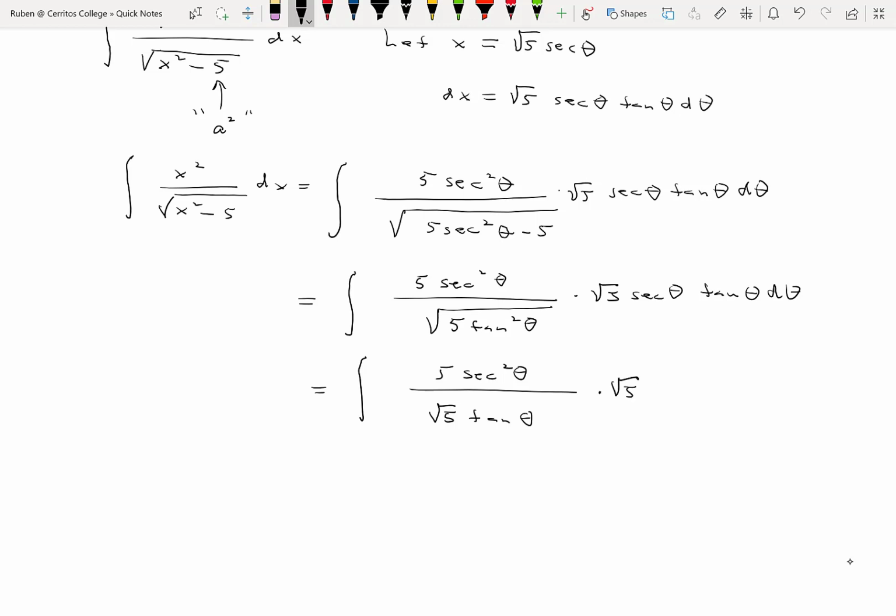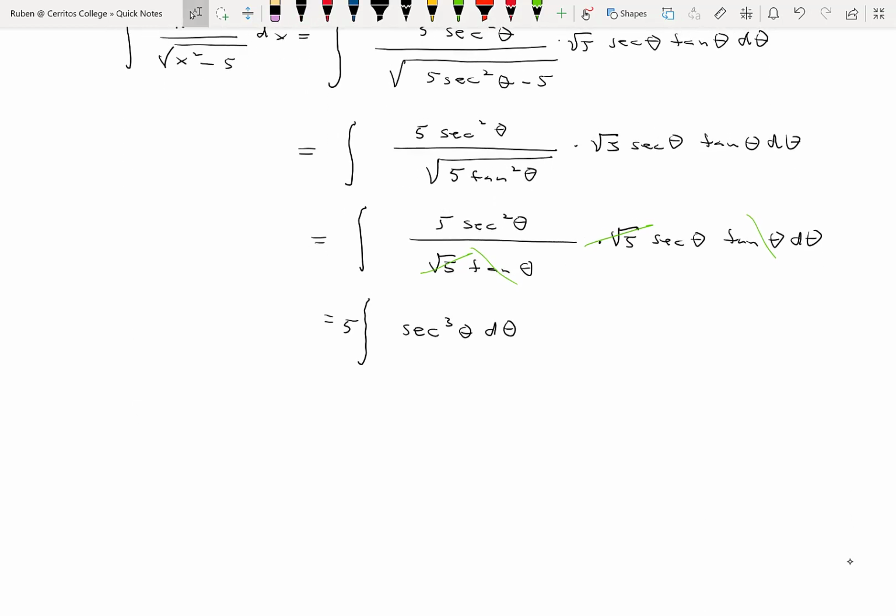We can do a lot of cancellation here before we finish this thing off. The radical 5's cancel, the tangent cancels, and we multiply the secant squared times secant to get 5 secant cubed theta d theta, back to the same power of secant that we saw in a previous example.